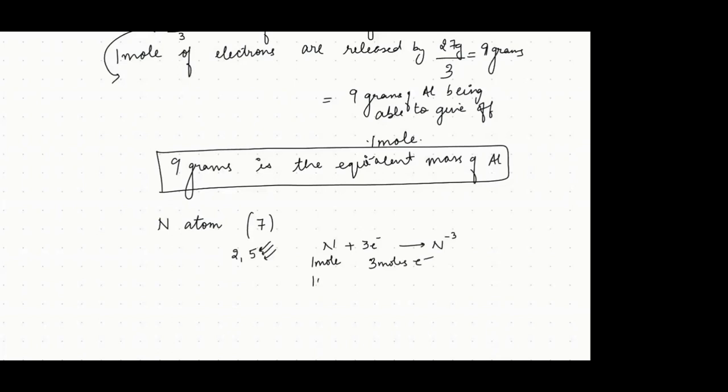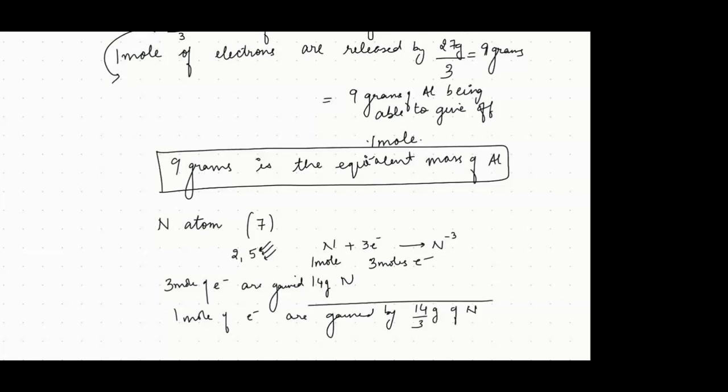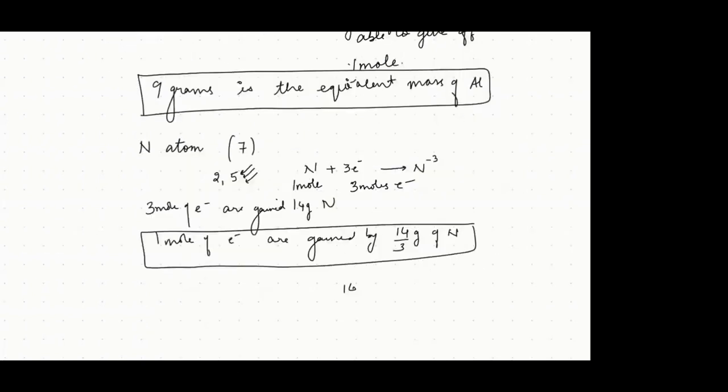And 1 mole nitrogen is basically 14 grams. So I would say that 3 moles of electrons are gained by 14 grams of nitrogen. So 1 mole of electrons is gained by 14 by 3 grams of nitrogen, and hence I will call this the equivalent mass of nitrogen.